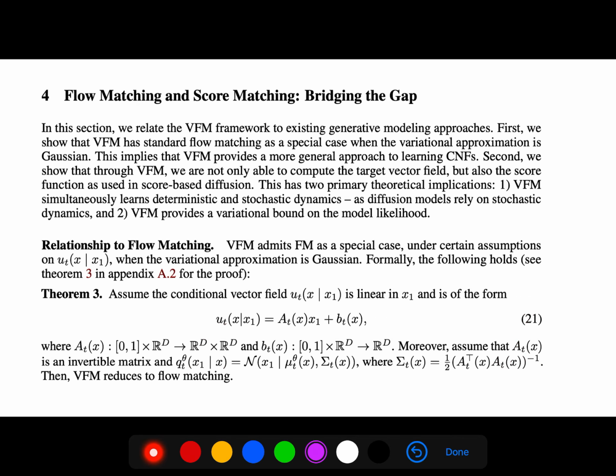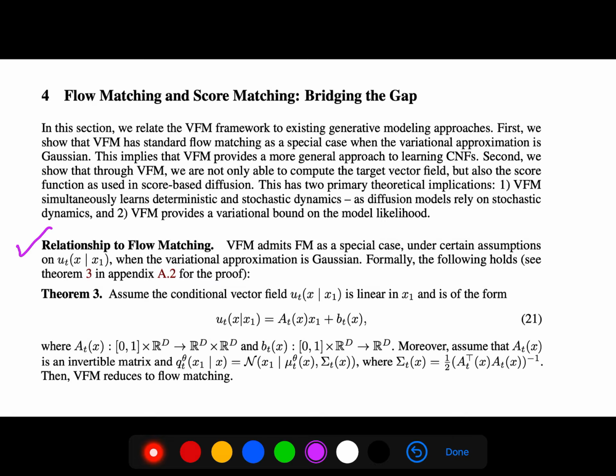So they discovered the relationship to flow matching that admits flow matching as a special case under certain assumptions, when the variational approximation is Gaussian. So this is a very beautiful observation. This remark is interesting.